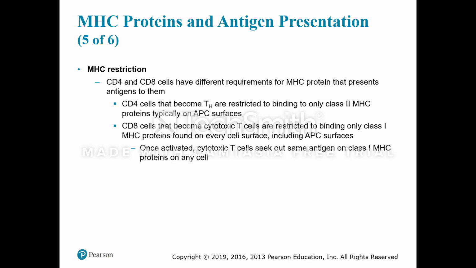And your CD8 cells that become cytotoxic T cells are restricted only to binding on class 1 MHC protein found on every cell surface, including your APC cells. But once they are activated, the cytotoxic T cells seek out the same antigen on class 1 MHC proteins on any cell. That is really very important.